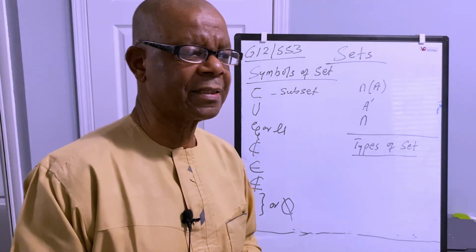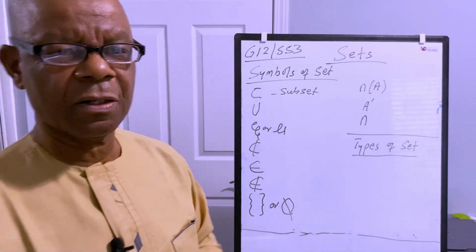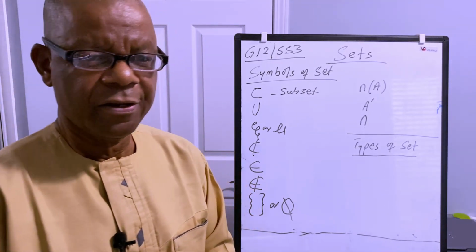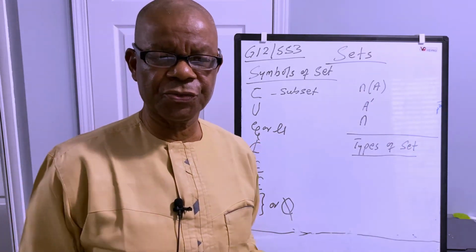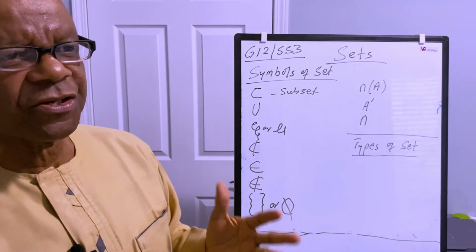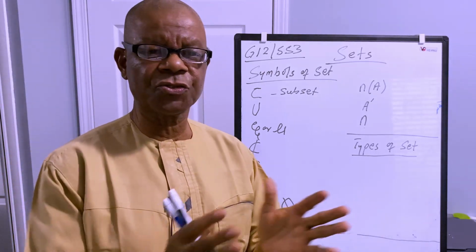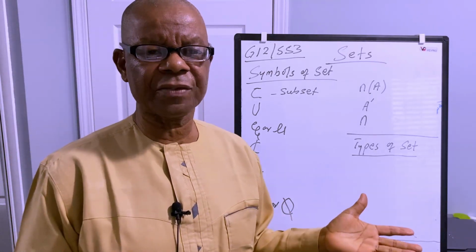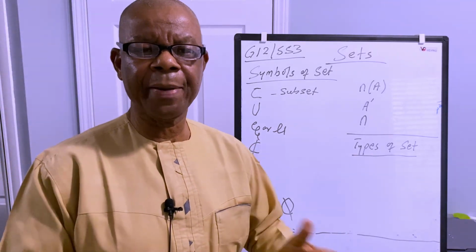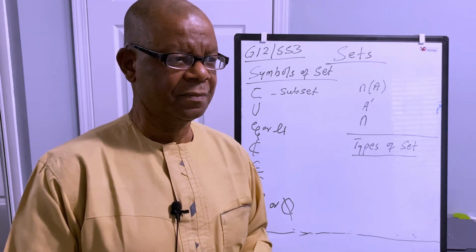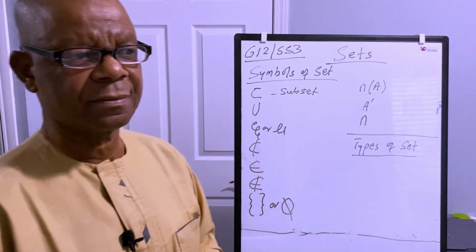What is a subset? A subset is a part of something, a fraction of something. Like in a secondary school, SS3, SS2, or even one of them is a subset of the whole school, a part of something, a fraction of something.